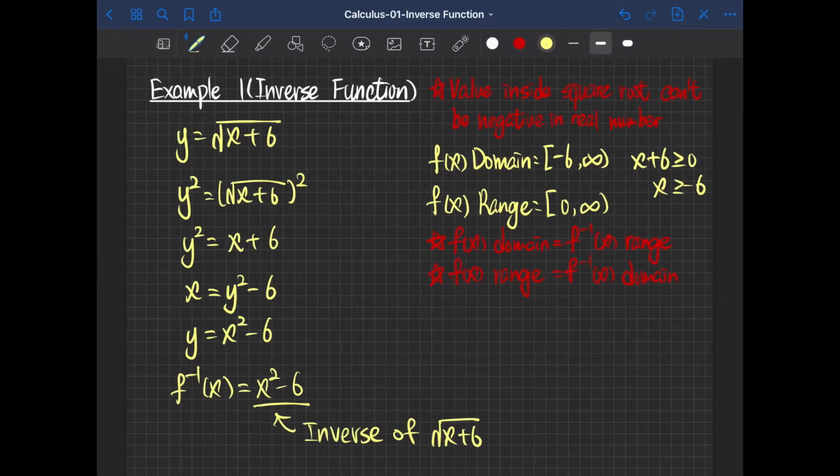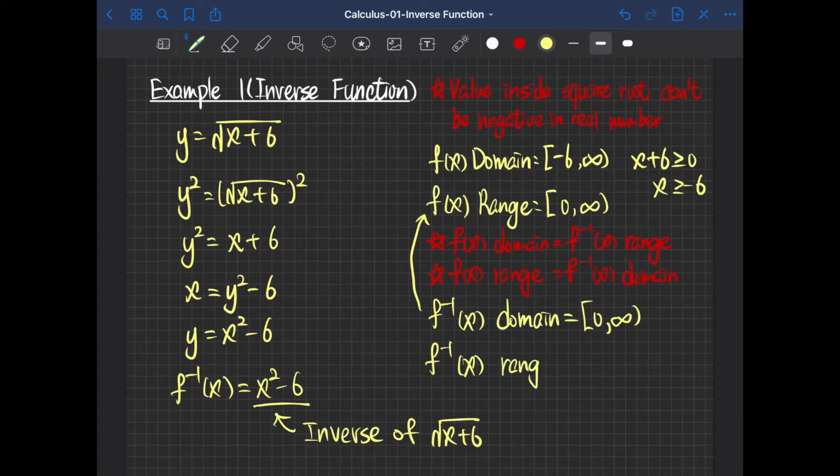The domain of the inverse function is from 0 to infinity, which includes 0. And the range of the inverse function is from negative 6 to infinity, which includes negative 6.